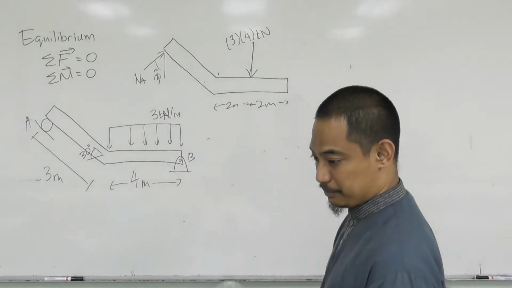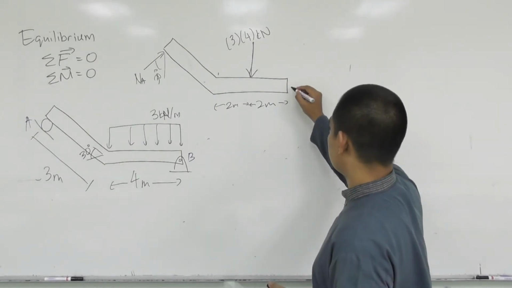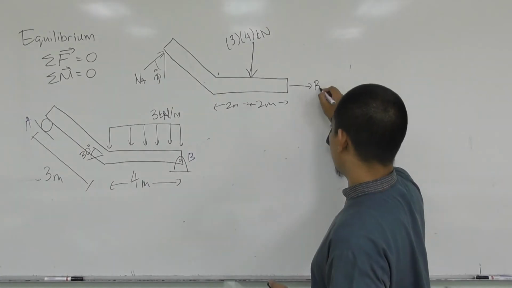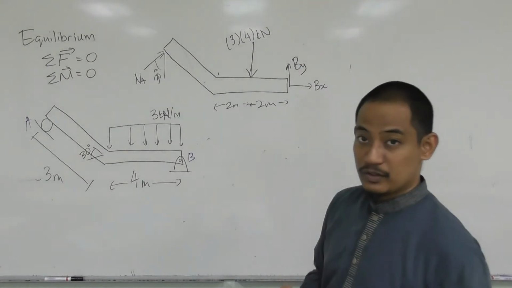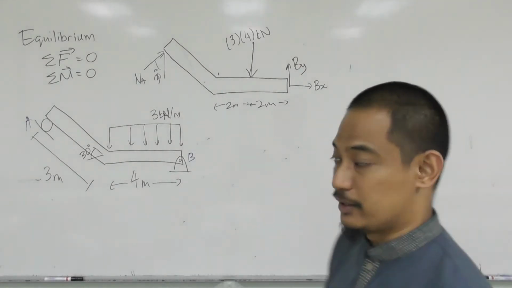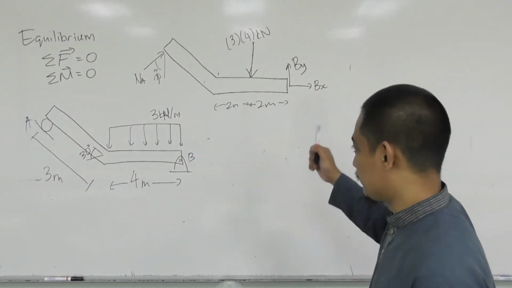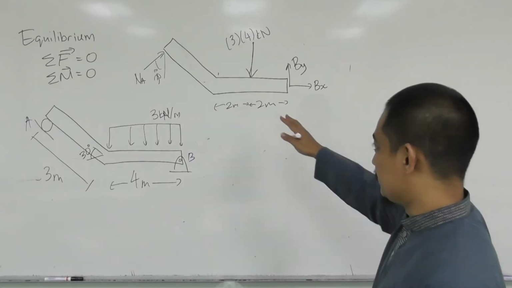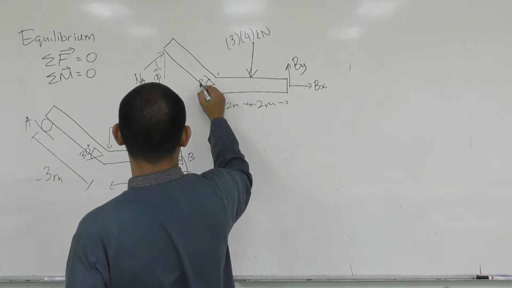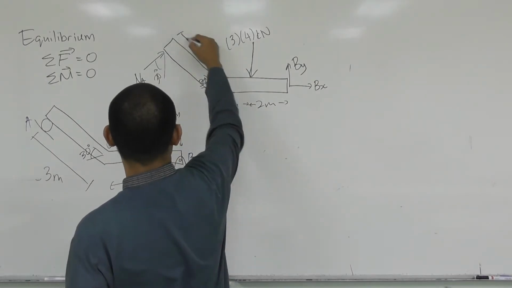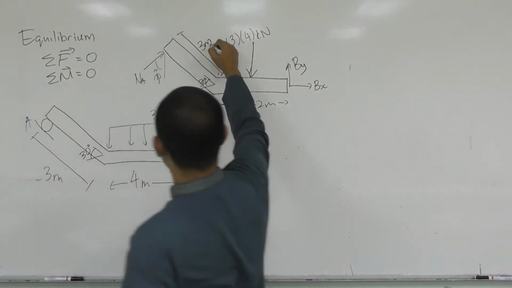What do you have at B? You have, let's say, Bx, By. So we will assume that direction there: Bx to the right, By upwards. So that will be the figure. Okay, not complete. So we have here 30 degrees and then 3 meter there, right?